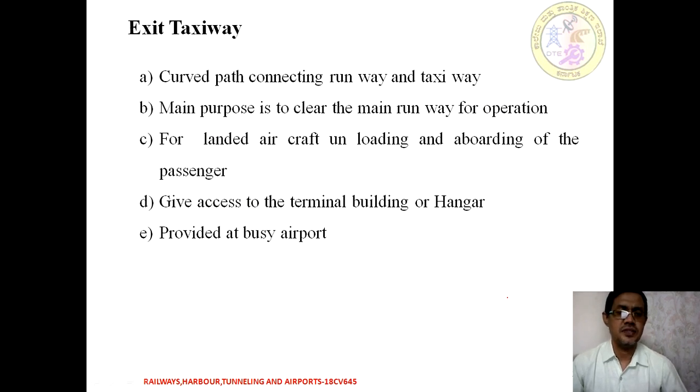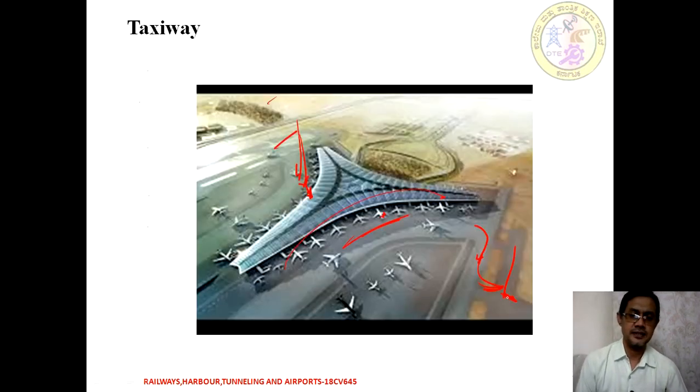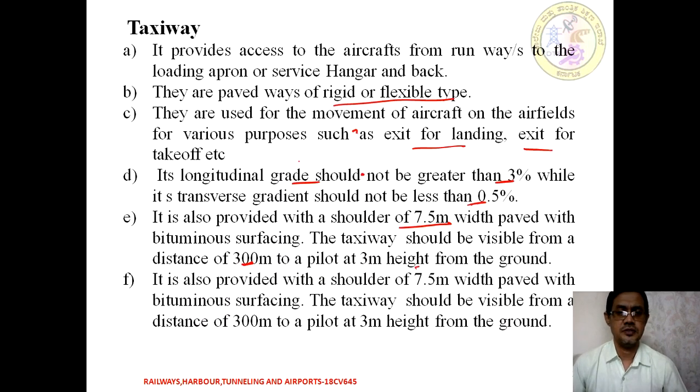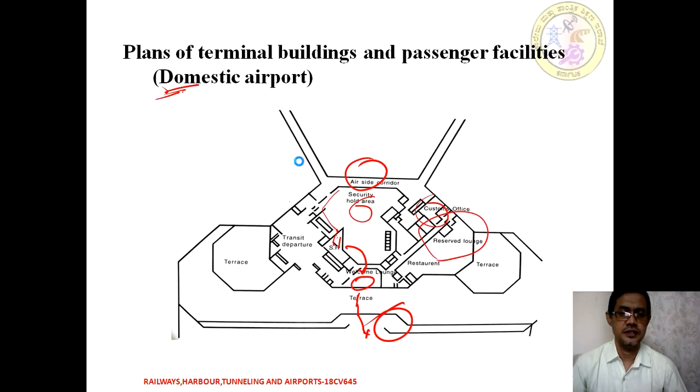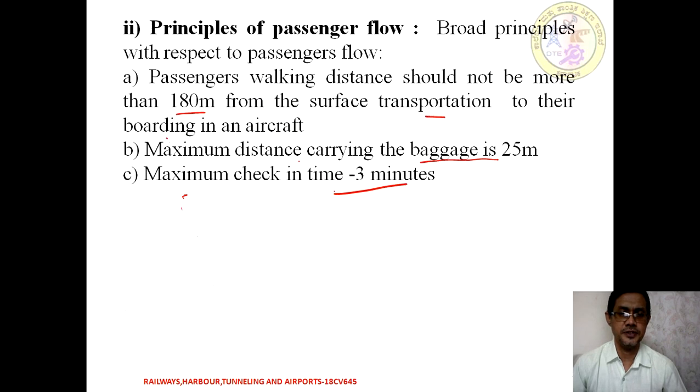The exit taxiway is always a curved path which connects runway and taxiway. So as I said, whatever curved path we have, here and somewhere here, I can show clearly in this image.